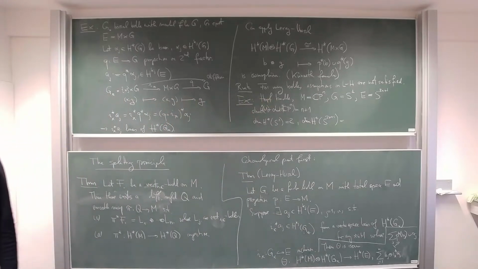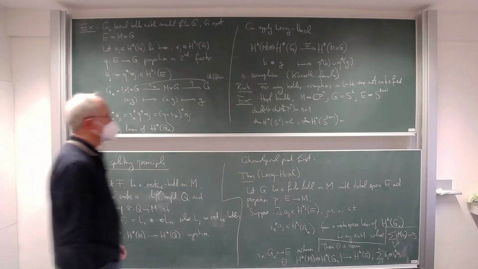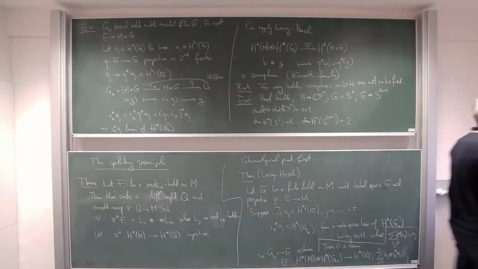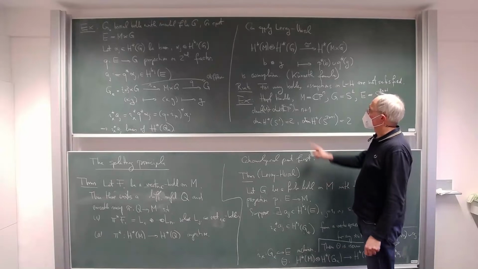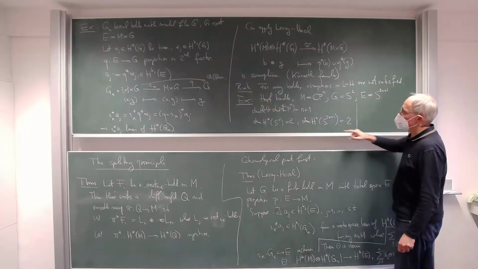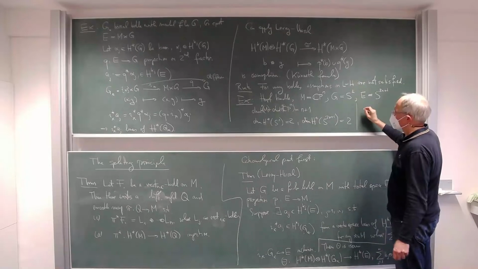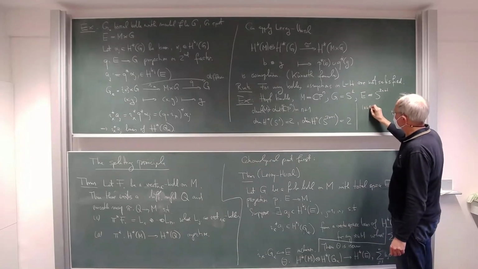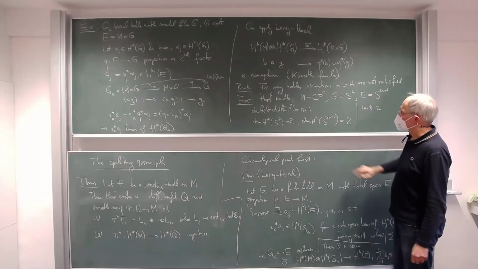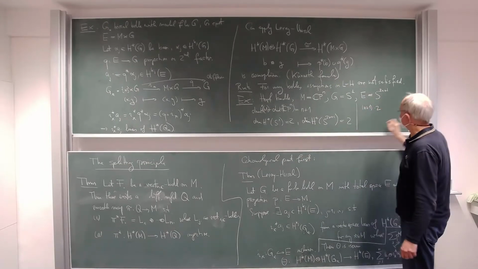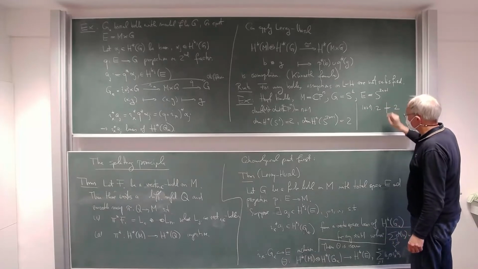How does the homology of the (2n+1)-sphere look like? Yes, it has homology in degree 0 and in degree 2n plus 1. And so we see that the dimension of the homology of the base is n plus 1, the dimension of the homology of the fiber is 2, and the dimension of the homology of the total space is 2, and that is not the same thing.